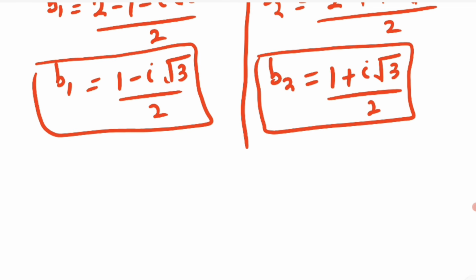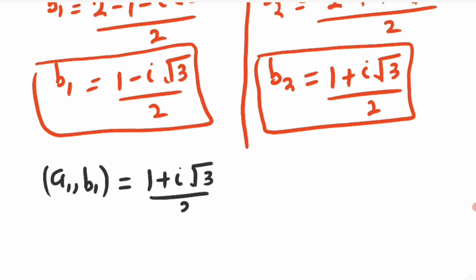Therefore, our final answers are A1, B1 is equal to 1 plus I root 3 over 2, 1 minus I root 3 over 2.